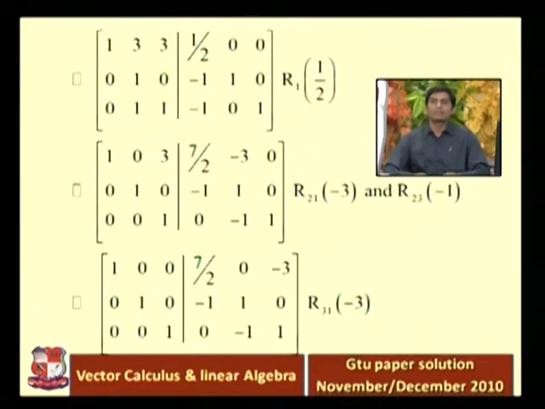Now we multiply the second row by -1 and add it to the third row.